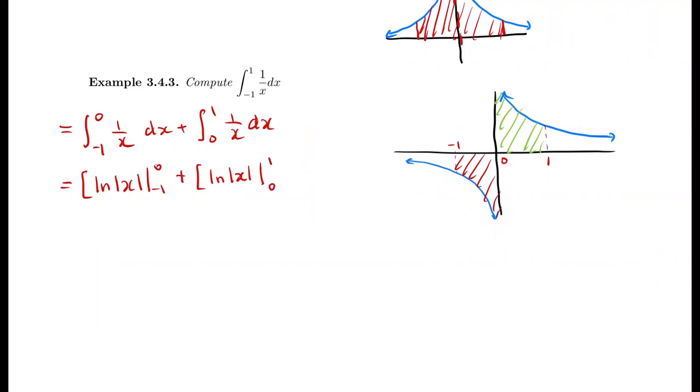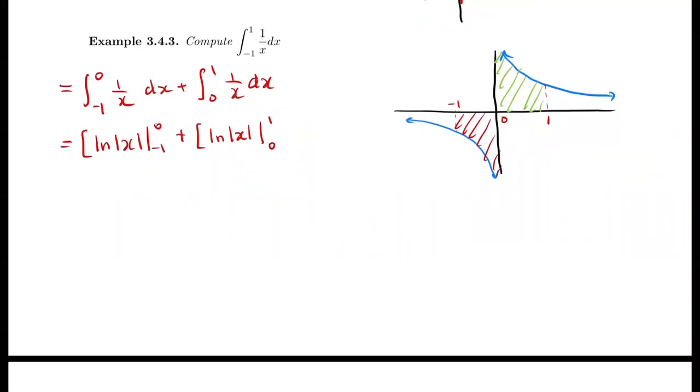However, there's a problem here. We cannot evaluate this integral at 0 because remember, ln of x only exists whenever x is greater than 0. But let's see what happens when we let a value approach 0. Suppose we let t approach 0.